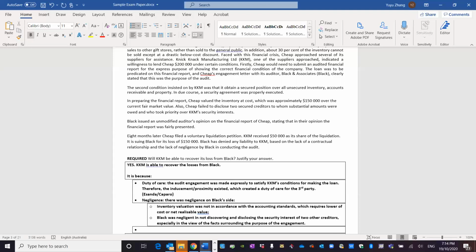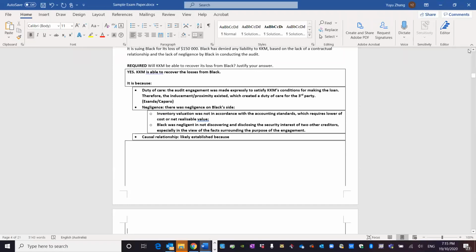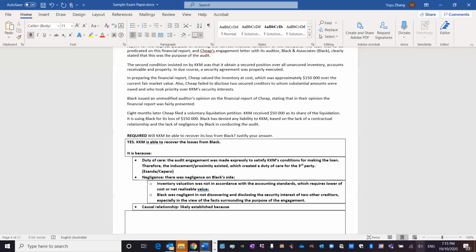Then what is the next one? Privity, but actually privity has already been discussed in the first point, right? So you don't have to have that. Damages would be the next point. What is the one before the damages? Causal relationship. So causal relationship is also likely to be discussed. Causal relationship is likely established. Why would we say there is a potential causal relationship here?